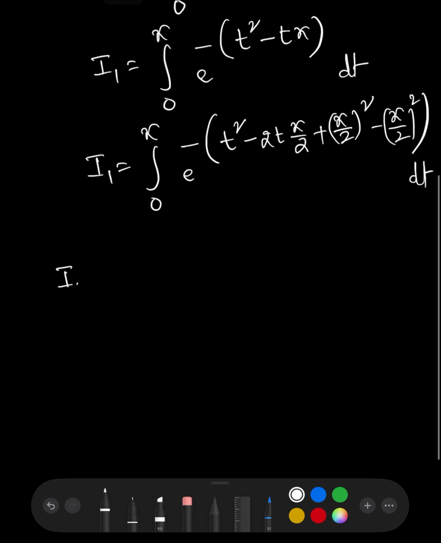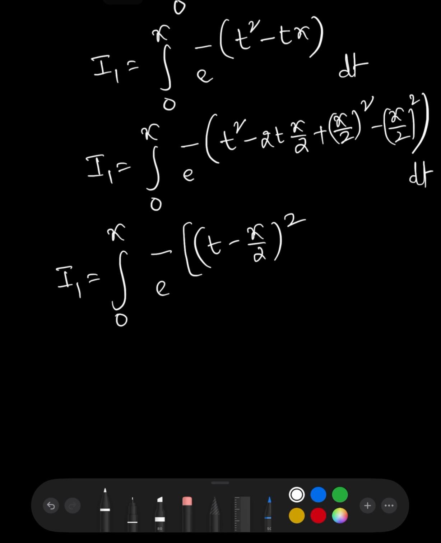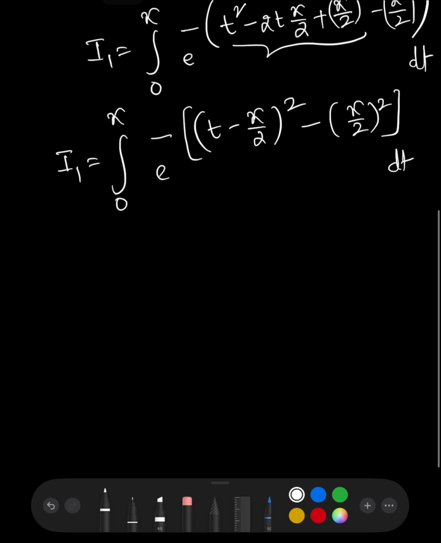Now I1 equals the integral from 0 to x of e^(-((t - x/2)² - (x/2)²)) dt.